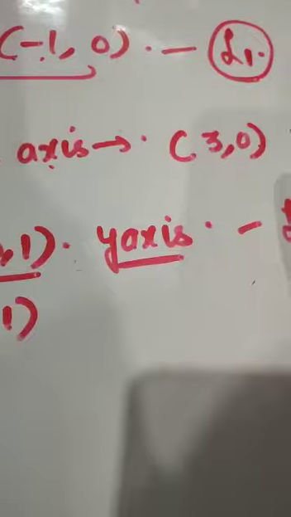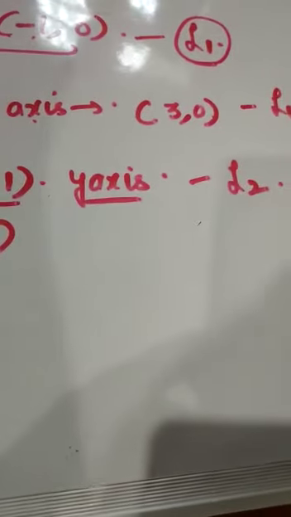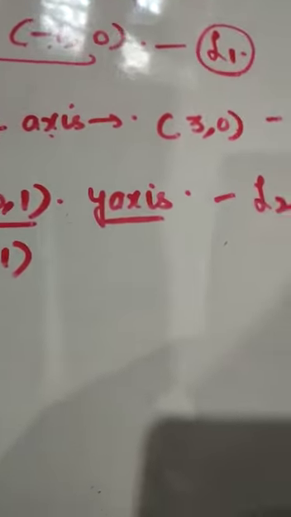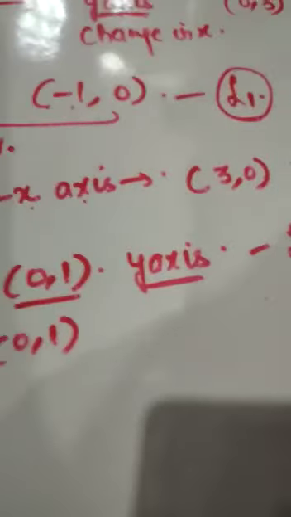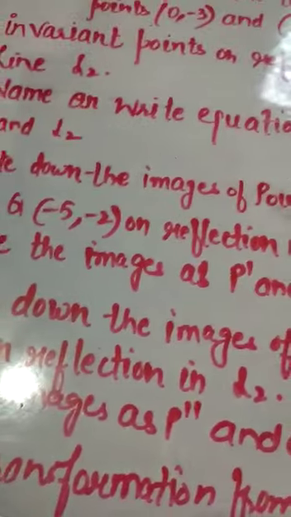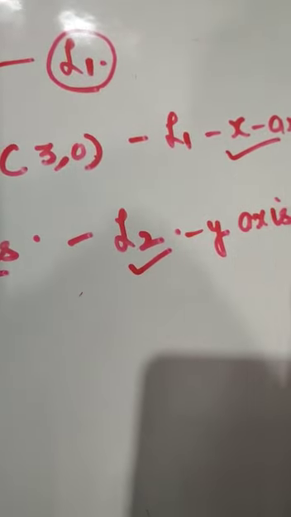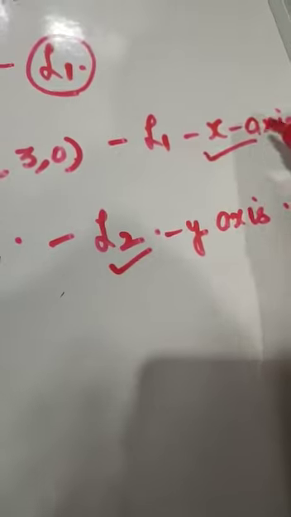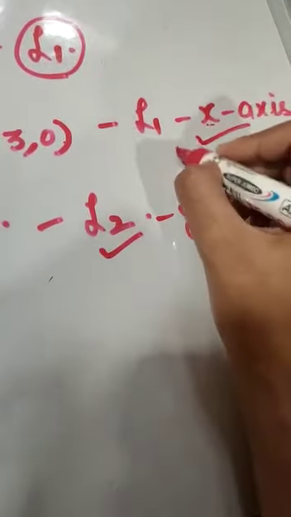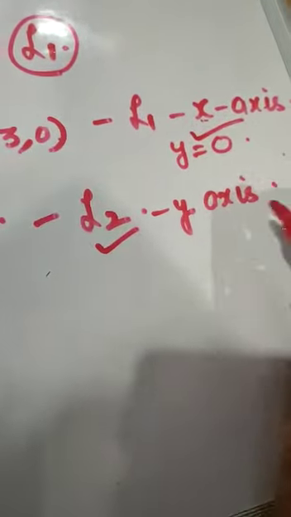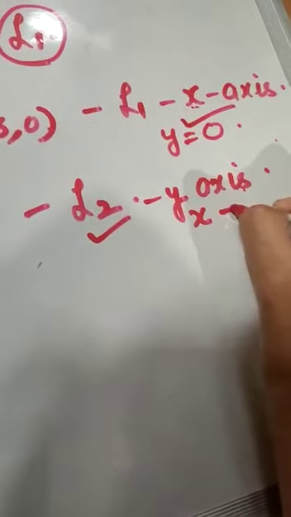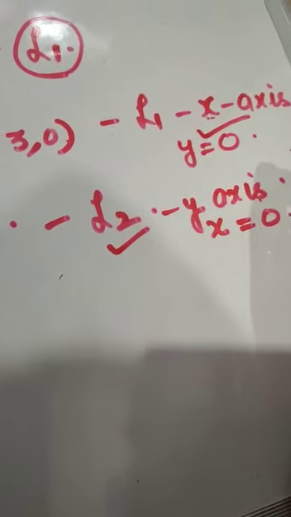So L2 is the y-axis. Now they have asked us to name or write equations for lines L1 and L2. The name of L1 is x-axis, the name of L2 is y-axis. And we know that the x-axis equation is y equals 0 and the y-axis equation is x equals 0.